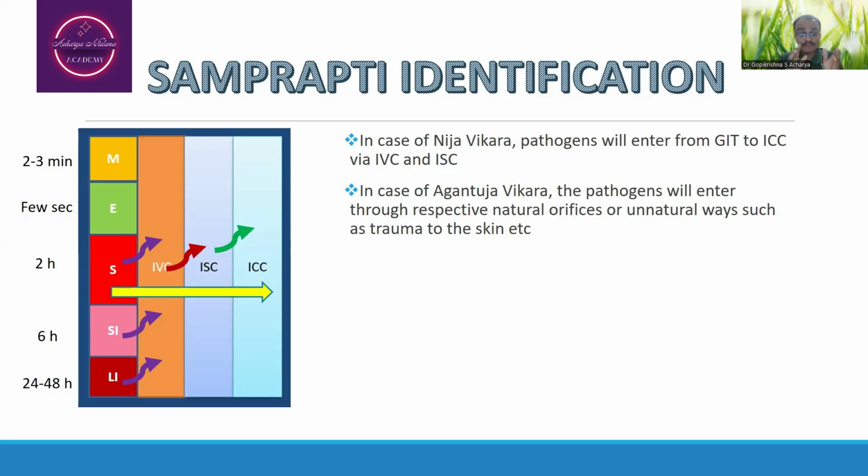From there, these pathogens enter the intravascular compartment. From the intravascular compartment, they enter the interstitial compartment. From the interstitial compartment, they move into the intracellular compartment. So from the alimentary canal till the cells, there is a possibility of movement of the pathogens.